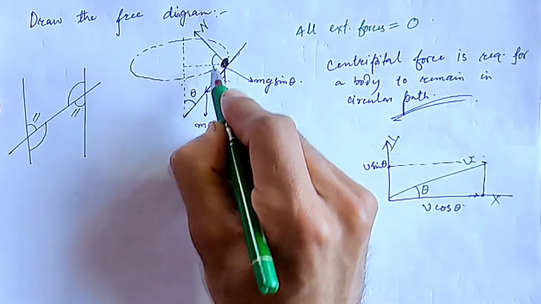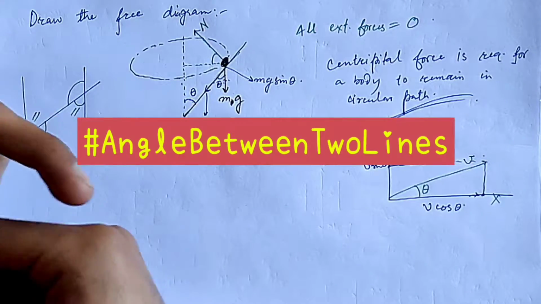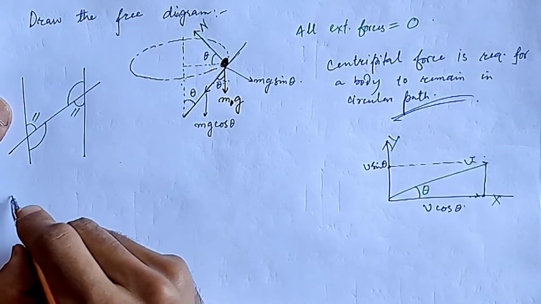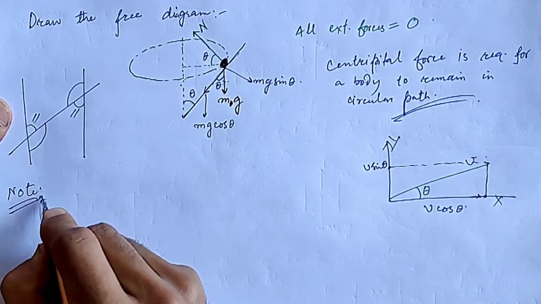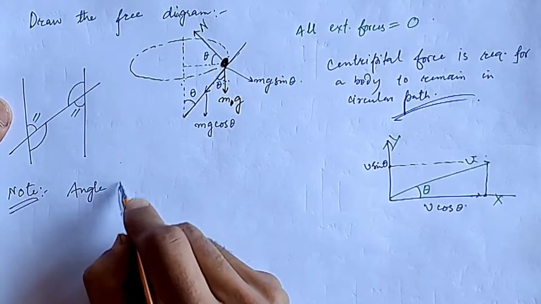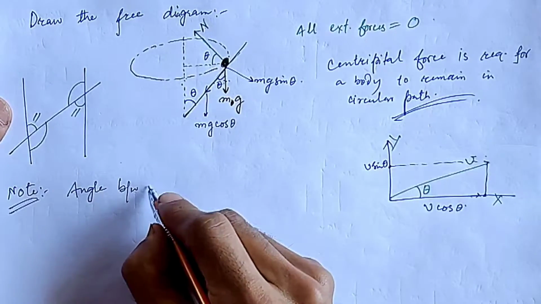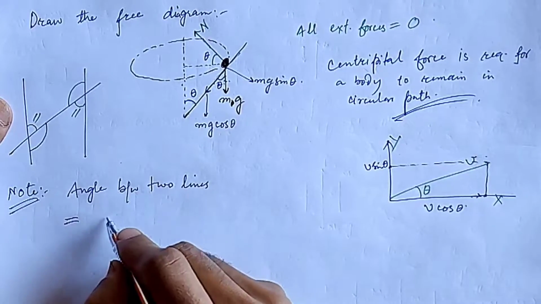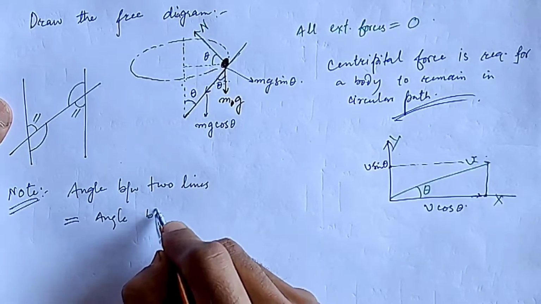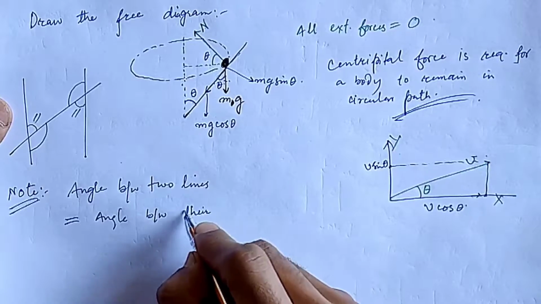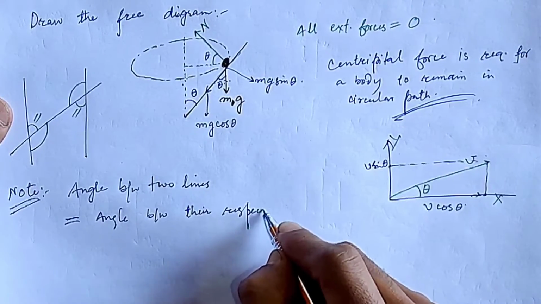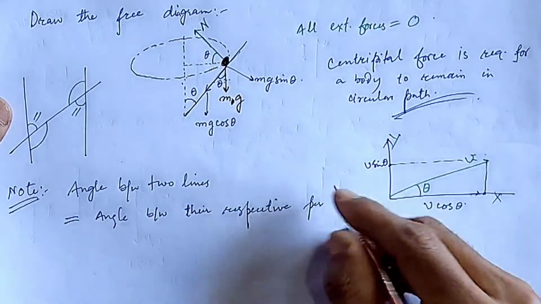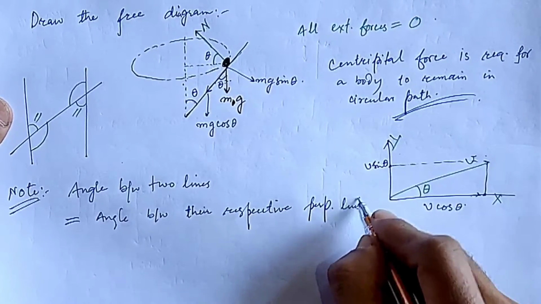So the angle between these two is also the same as theta, because we know, note it down, the angle between two lines is equal to the angle between their respective perpendicular lines.